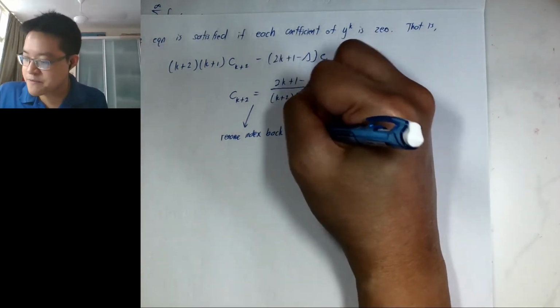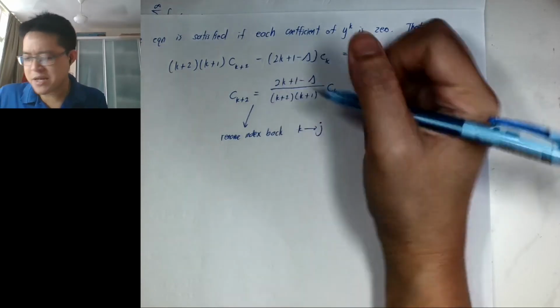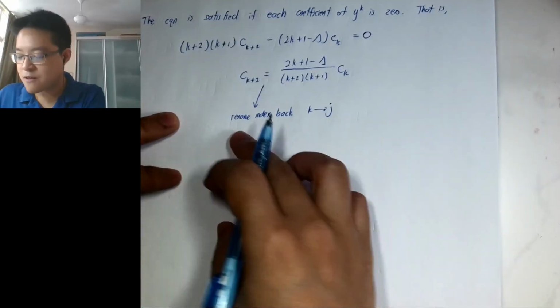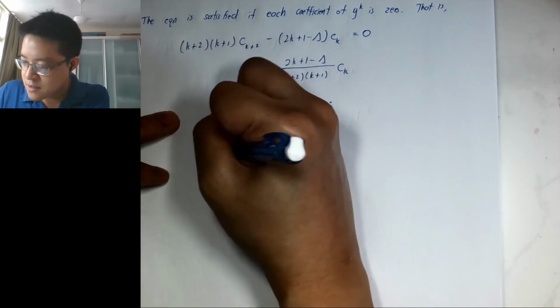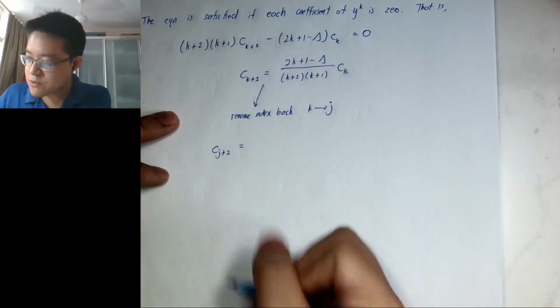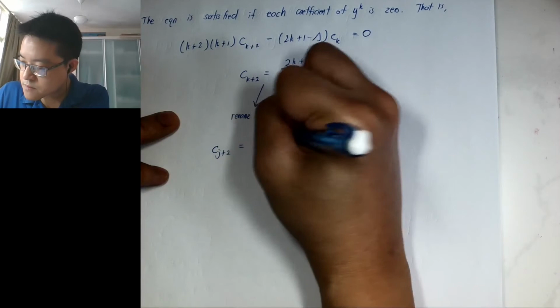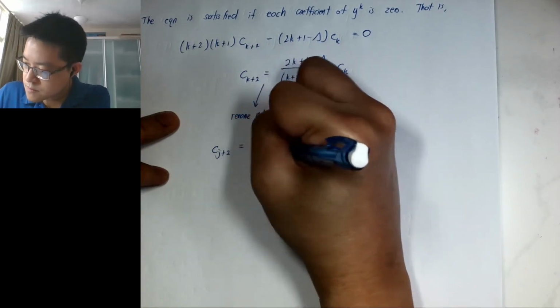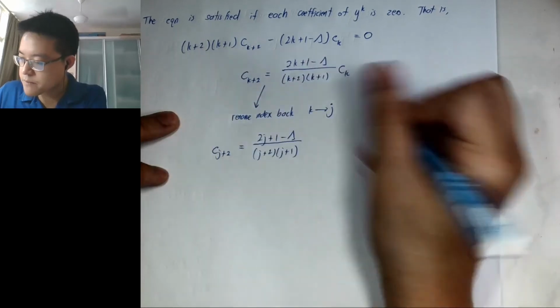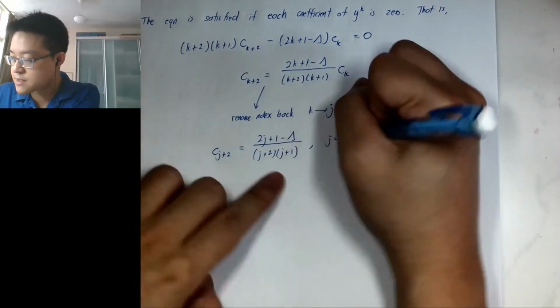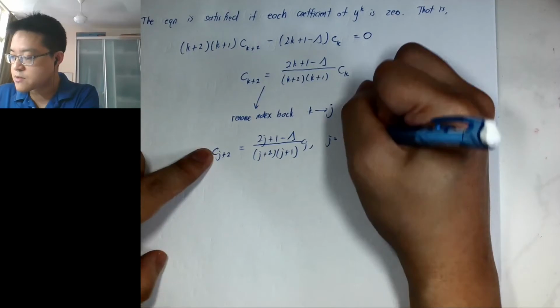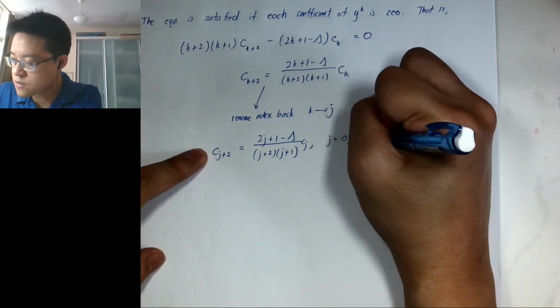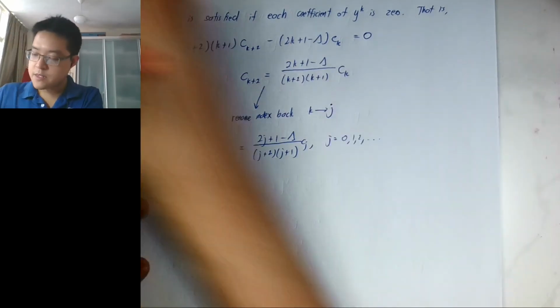Some people prefer to use j because it looks nicer on paper or whatever reason, but I'll just change it back to j. And of course the j depends on c_j. So the j is 0, 1, 2, ... Okay, so we got this now.